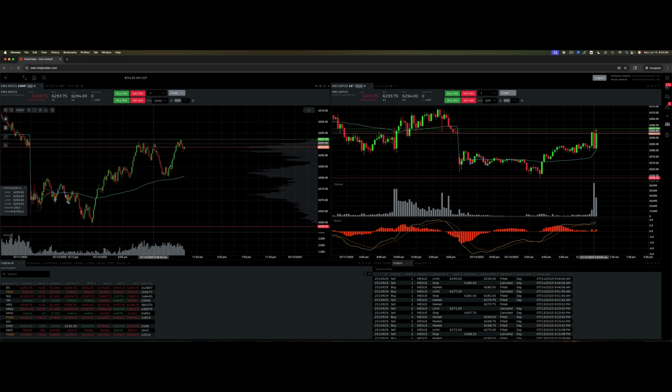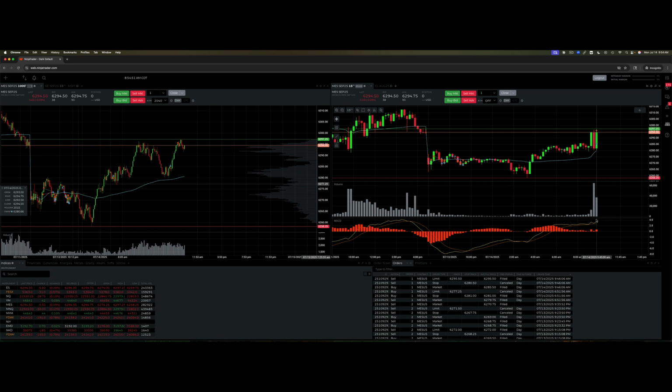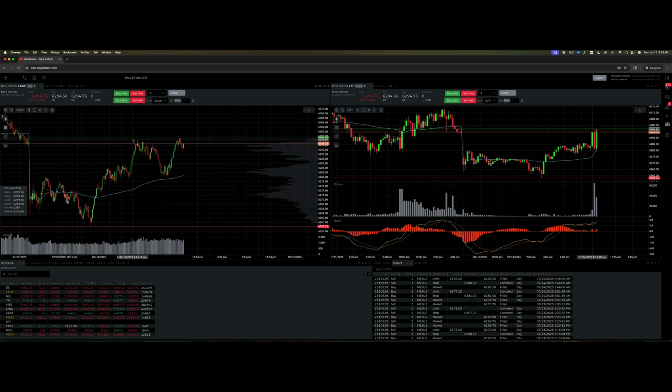Let's see what's going on here on the charts. Oh yeah, that was a decent entry. So right now, I don't have anything to do as far as trade wise, because I like to get my entries near the VWAP.